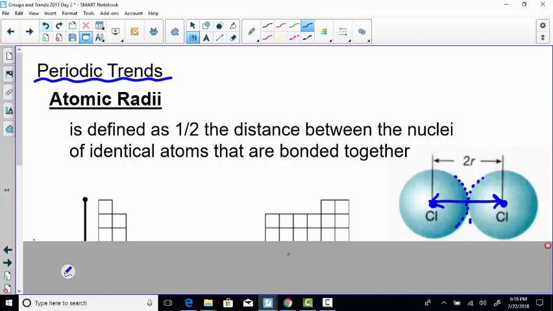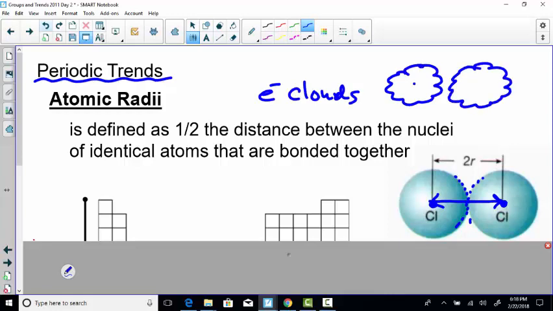Remember, electrons are located in electron clouds, and we don't know where the outside exactly is of those clouds. So if I have 2 electron clouds, I have to measure the nuclei between them, because that's something that's fixed, and then I can take half of that distance.